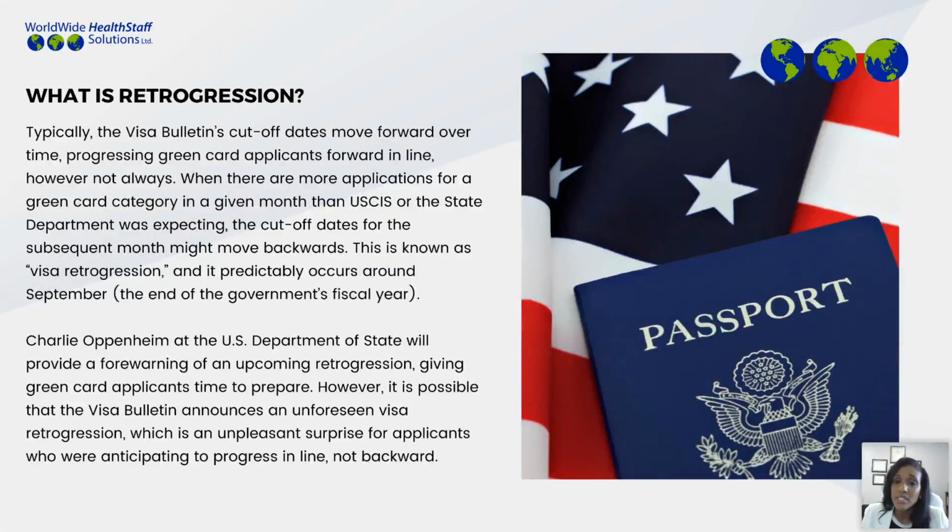So as we sit here right now today, the only facts that we have that we could look at is what's on the Visa Bulletin. I would not be discouraged or have sleepless nights about whether your category is going to get retrogressed and whether it's going to take much longer if you're in line.